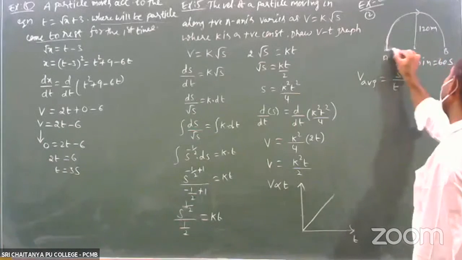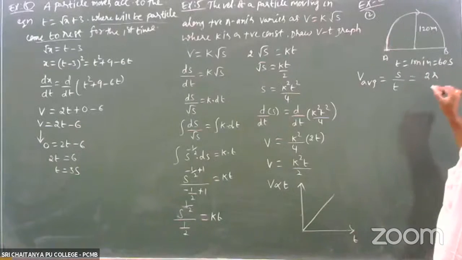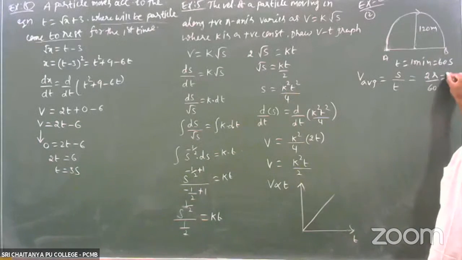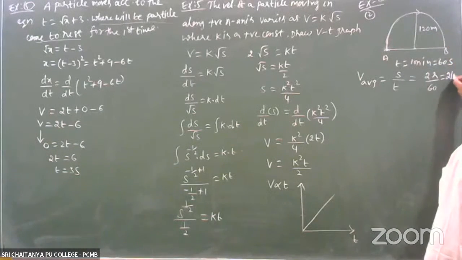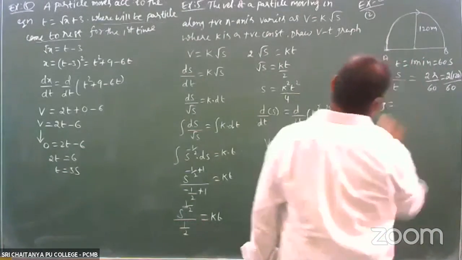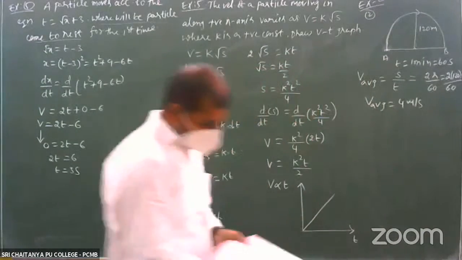Draw a circle; this is nothing but the diameter. Diameter means 2r by t, where t is 60. So 2 into r, with radius 120, divided by 60. Then average velocity is 4 meters per second.